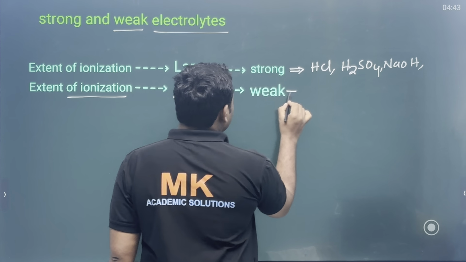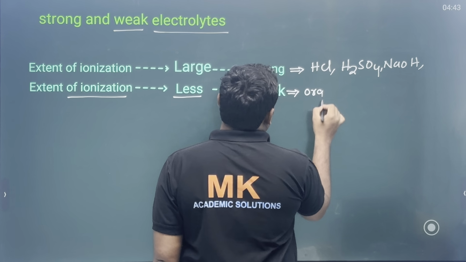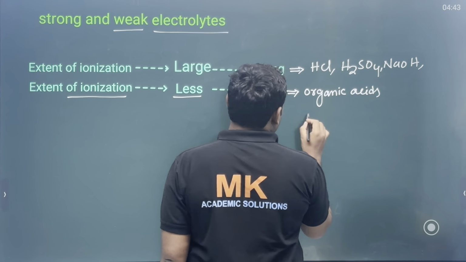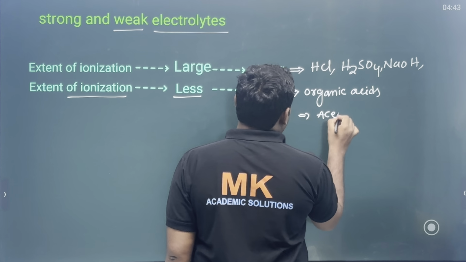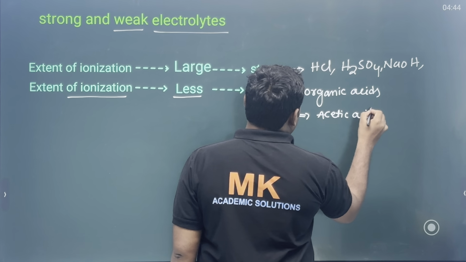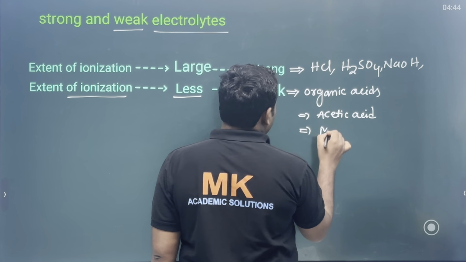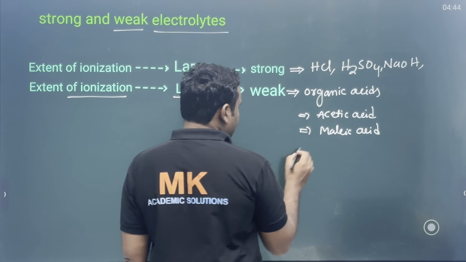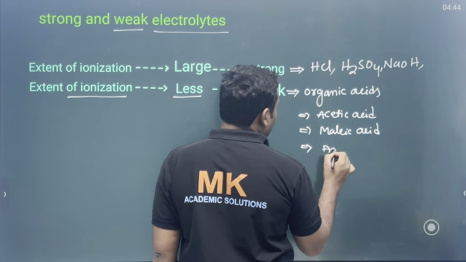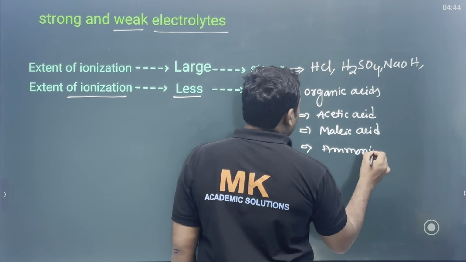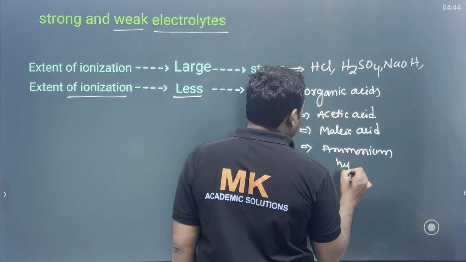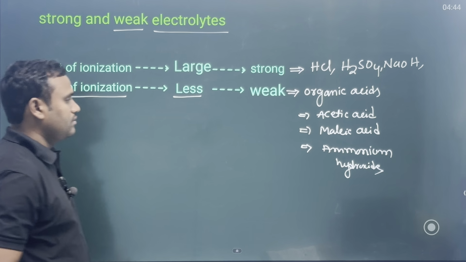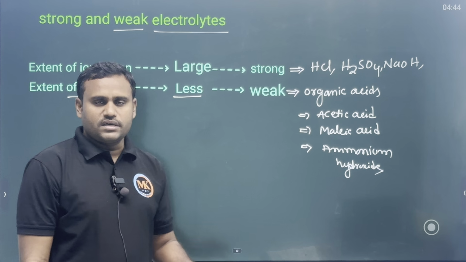For example, you take the organic acids such as acetic acid, malic acid, and bases such as ammonium hydroxide, etc. So if the extent of ionization is less, that is called weak acid.